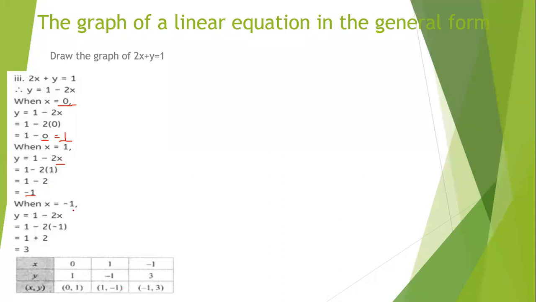Now, the third time, again we are going to assume a value for x. Let us assume it as minus 1. Then we will copy the equation y equal to 1 minus 2x, and this we will solve by taking the value of x as minus 1. So this one I have copied as it is, minus also as it is, 2 also as it is.